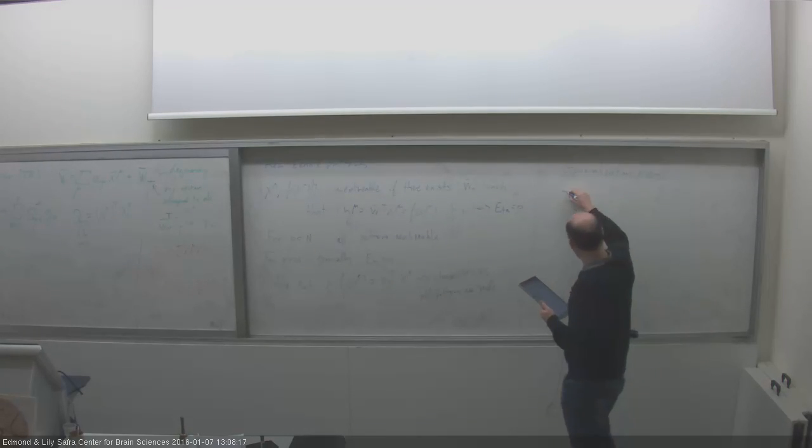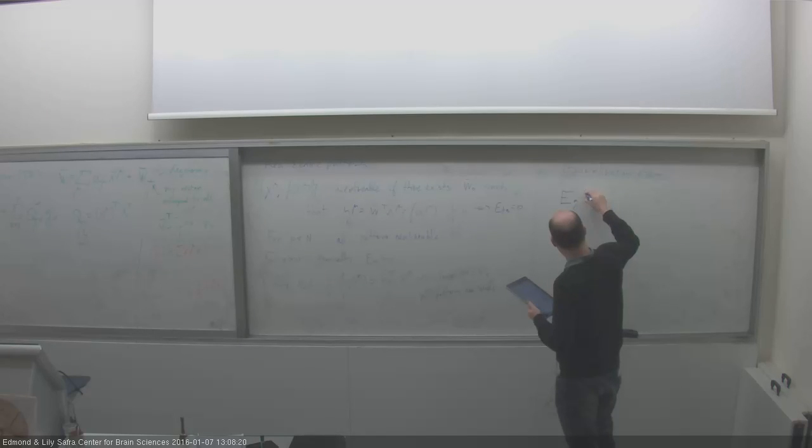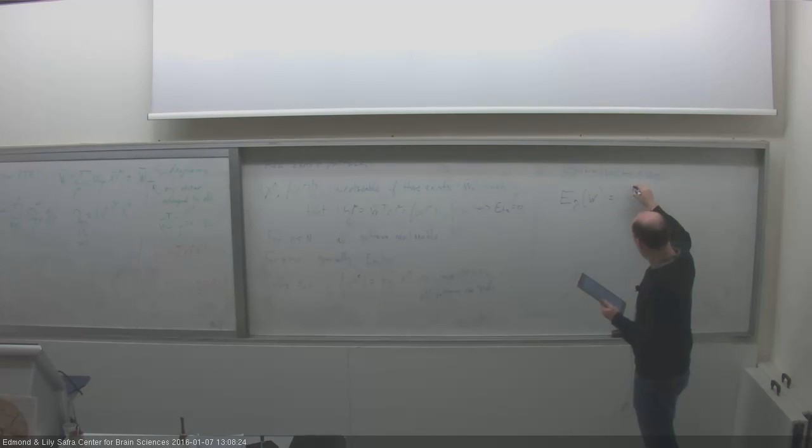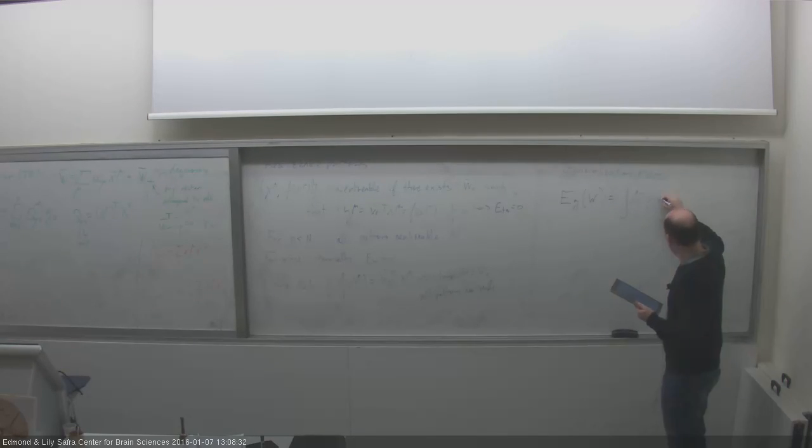So the generalization error, which is a function of the weights, will be an integral over dx, p of x. This is really an n-dimensional integral, so maybe I'll write it like this, p of x, and the error of a network for that particular x with this particular choice of w.